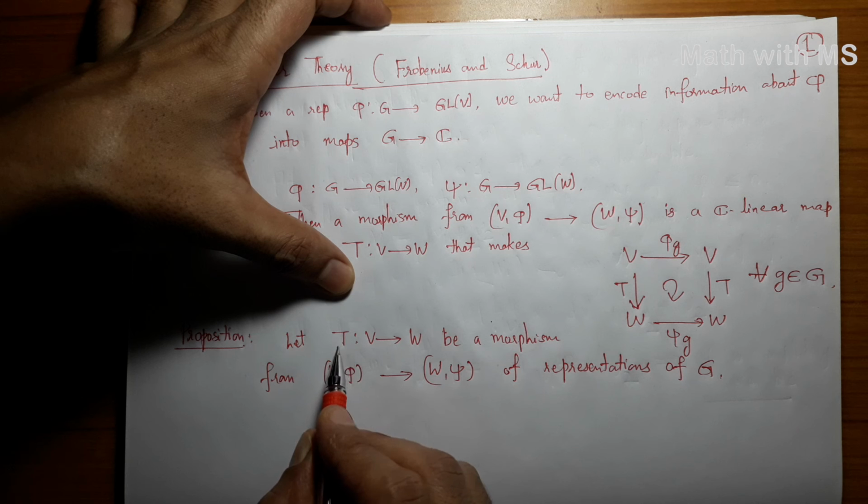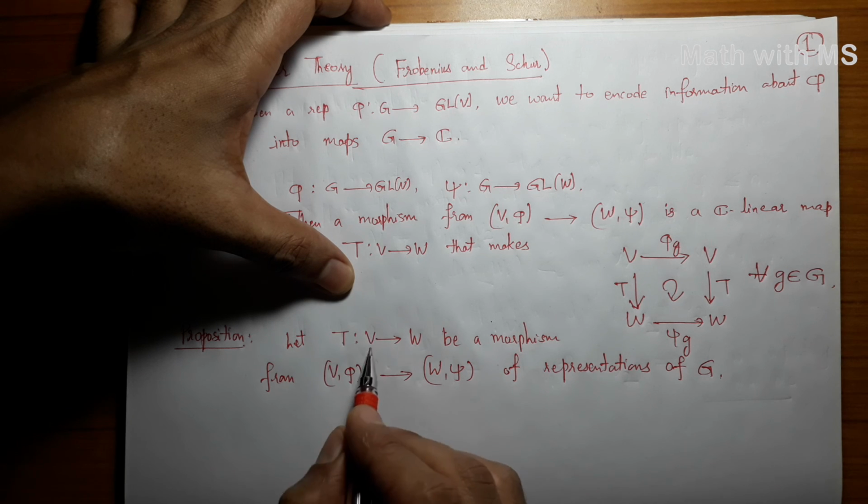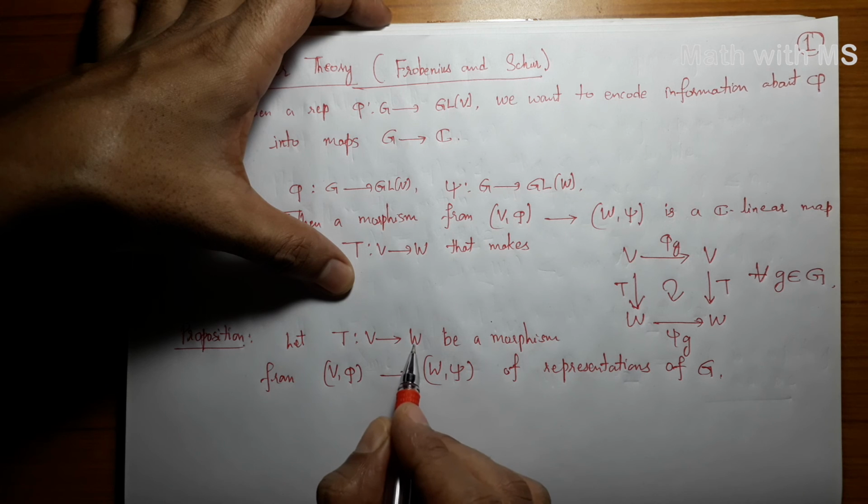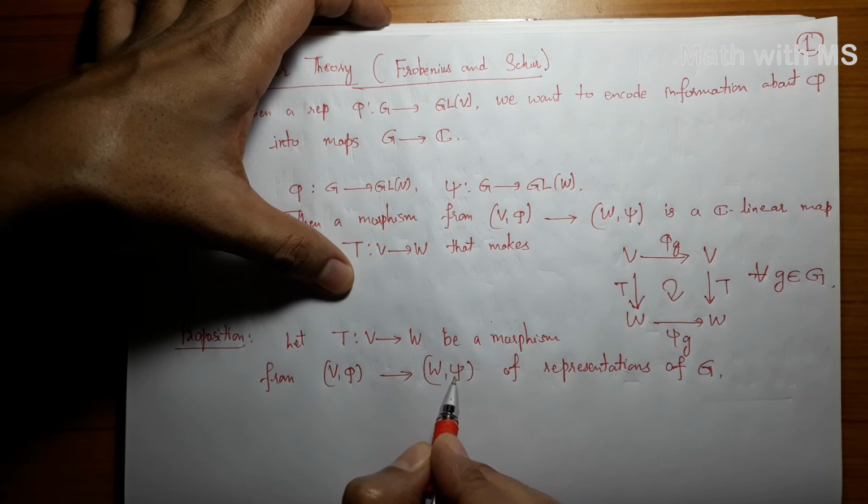It turns out that the kernel of T is in fact a G invariant subspace of V under the representation phi, and the image of T is a G invariant subspace of W under the representation psi.